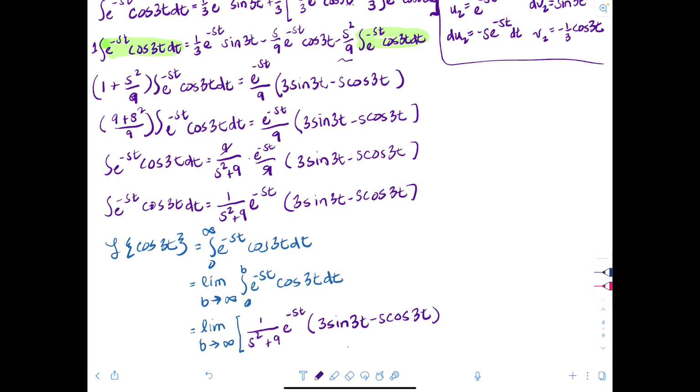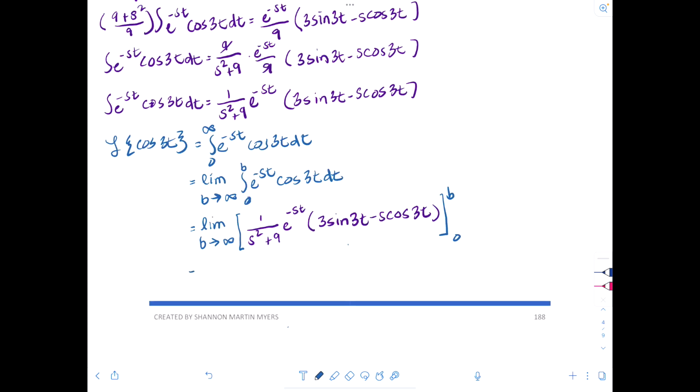And all of that is going to go from 0 to b. So I'm going to take out this 1 over s squared plus 9 because that doesn't have any b's in there, or t's where the b's will go.